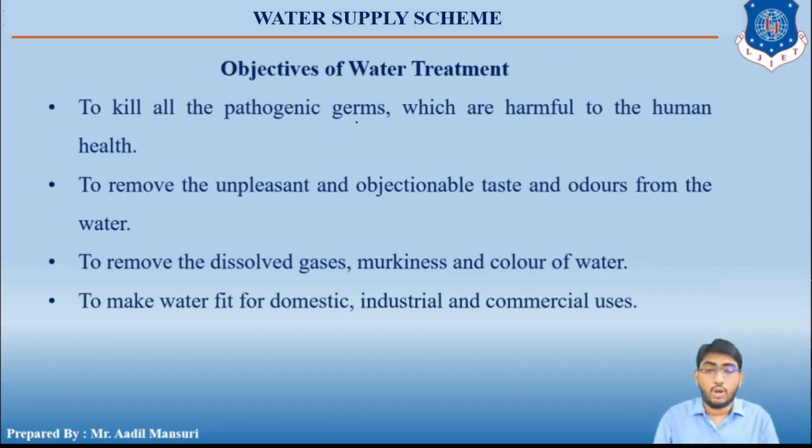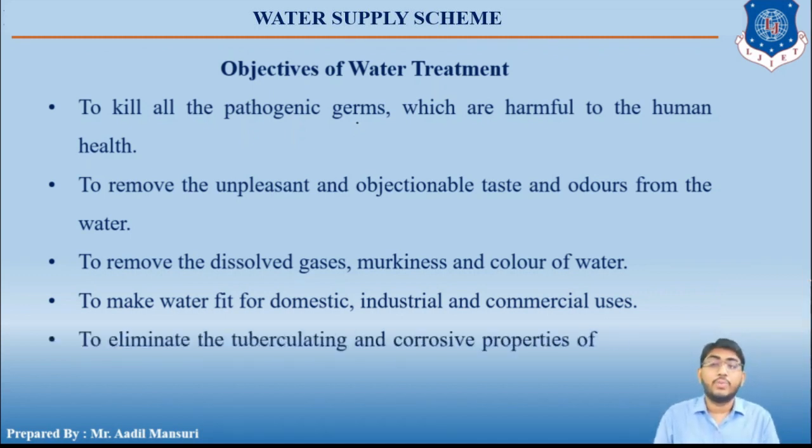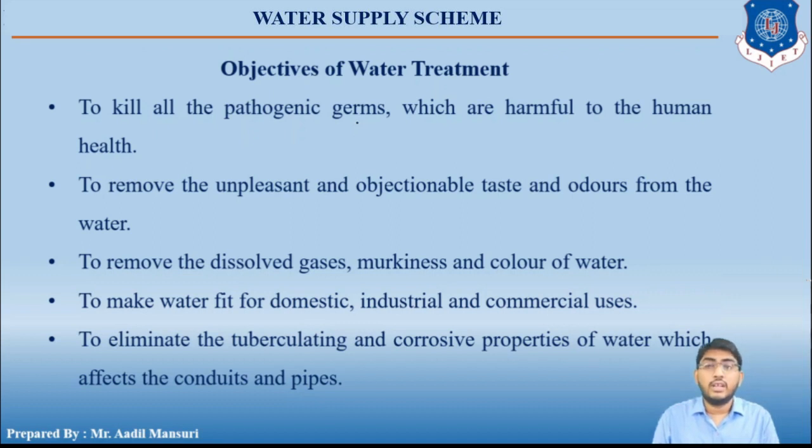Next is to eliminate the tuberculative and corrosive properties of water which affect the conduits and pipes. We know that in the water there are chances of the presence of components of iron.